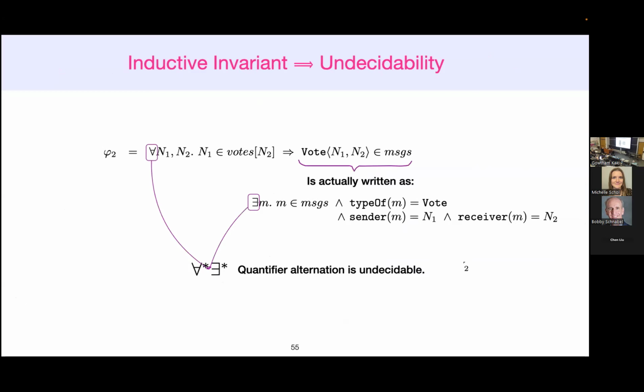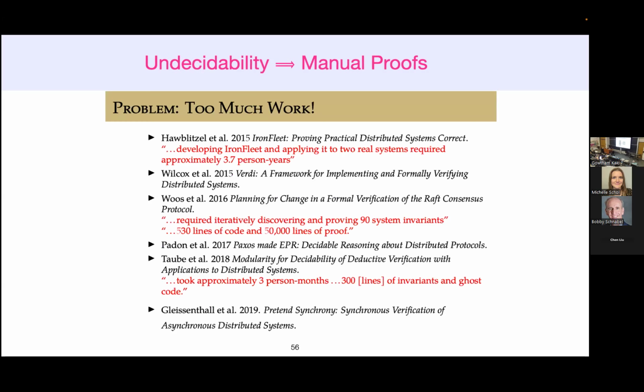And more importantly, when we represent these invariants in theorem provers and SMT solvers, they have a quantification structure which is not amenable to automated verification. So you end up with your SMT solvers and theorem provers timing out, and you have to write the manual proofs yourself, right? So inductive invariants, the way they are written, induce undecidability, and undecidability introduces manual proofs.